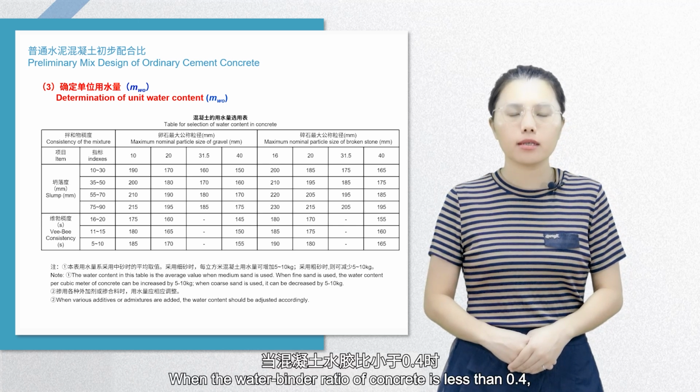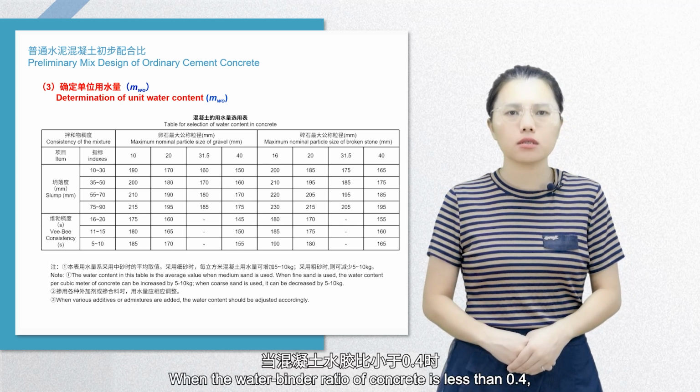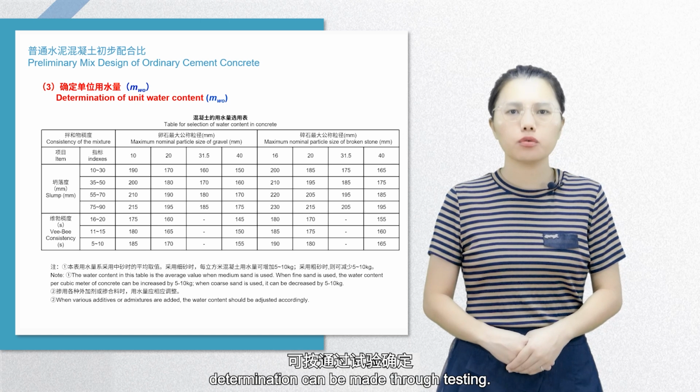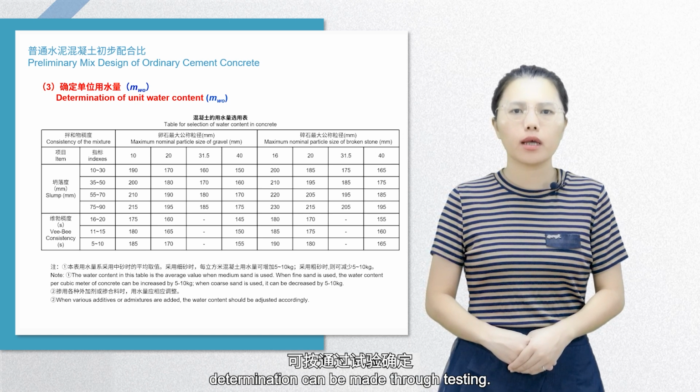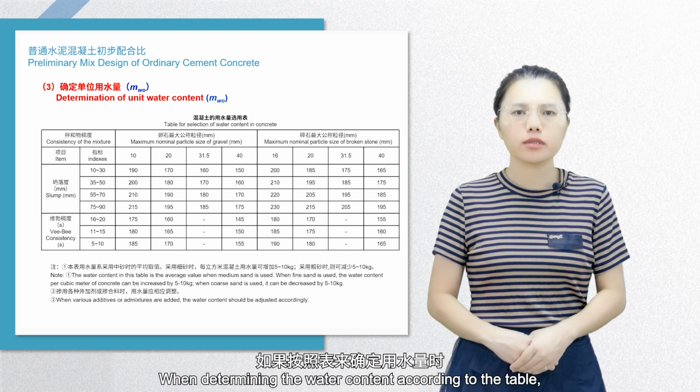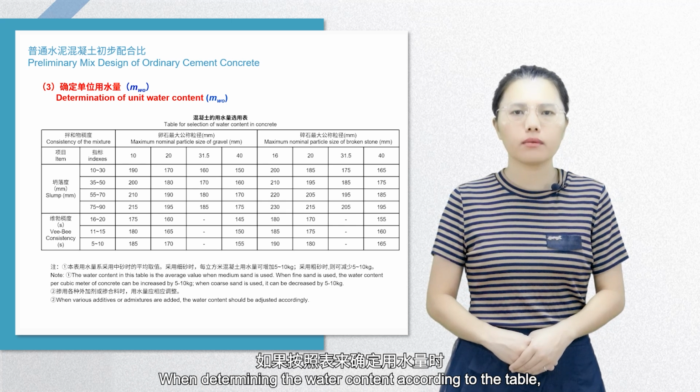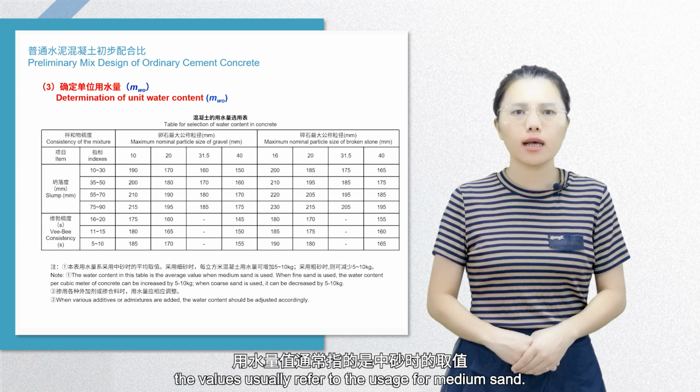When the water binder ratio of concrete is less than 0.4, determination can be made through testing. When determining the water content according to the table, the values usually refer to the usage for medium sand.